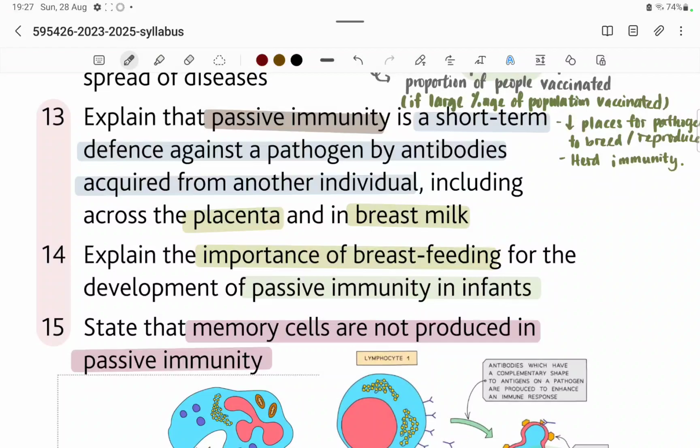And then after that, for example, you have the placenta and breast milk. This one I already mentioned just now.